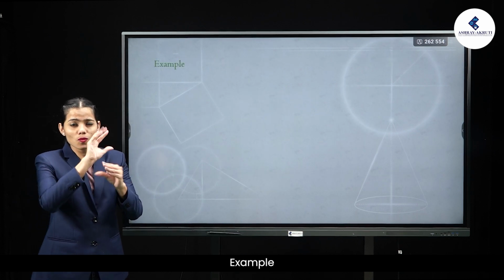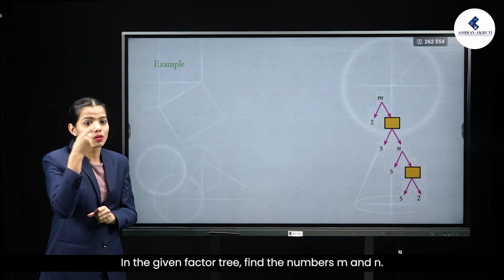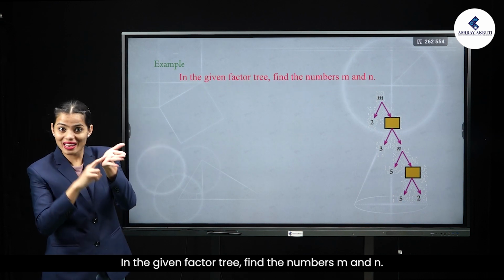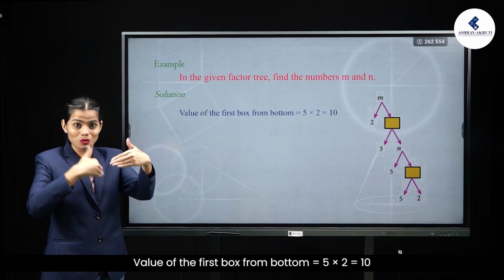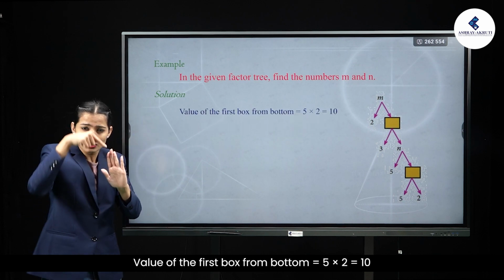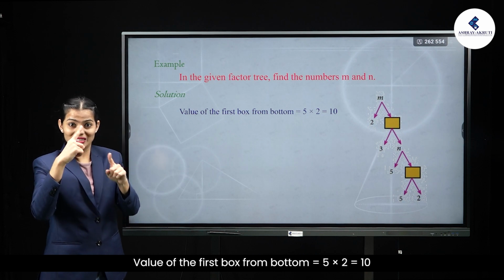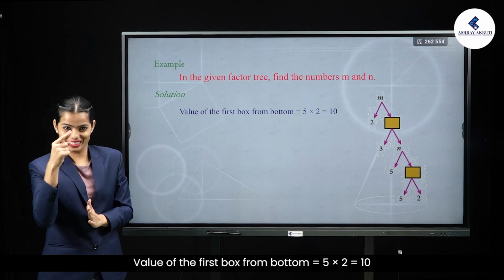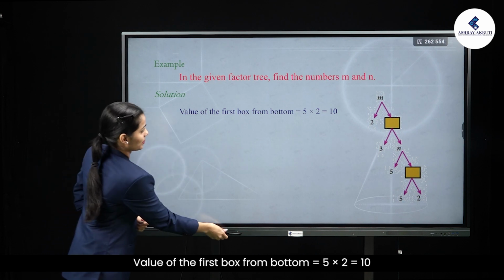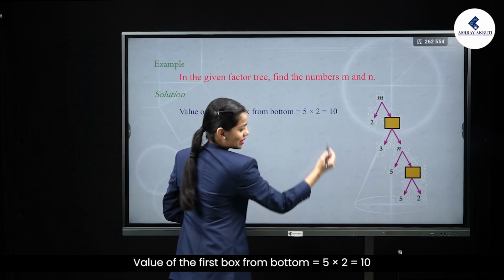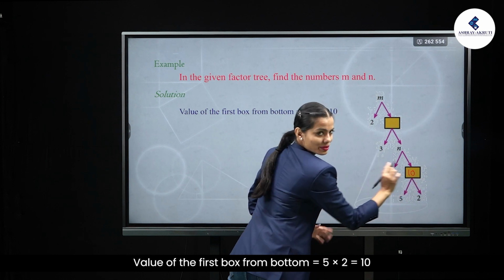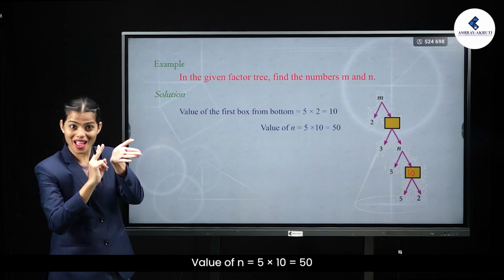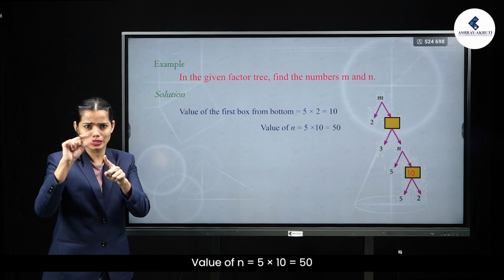Example: in the given factor tree, find the numbers m and n. Solution: value of the first box from bottom is equal to 5 × 2 = 10. Value of n is equal to 5 × 10 = 50.